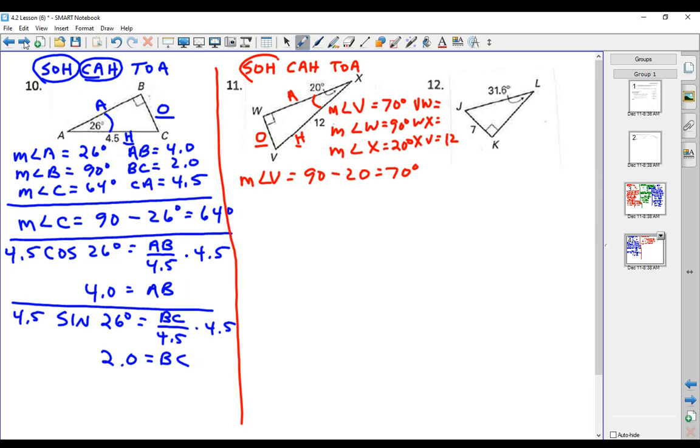So I'm going to use sine to find that. So the sine of 20 degrees is equal to the opposite side, which is VW, over the hypotenuse, which is 12. Just like on that last problem, all I really need to do here is multiply both sides by 12. And when I multiply 12 times the sine of 20, I get 4.1 for VW.